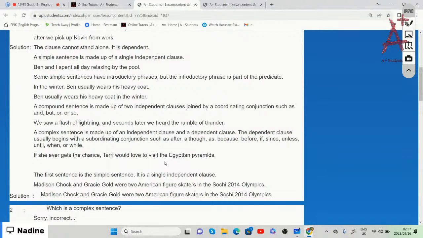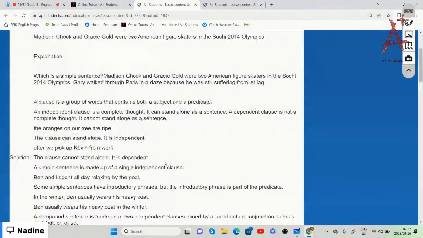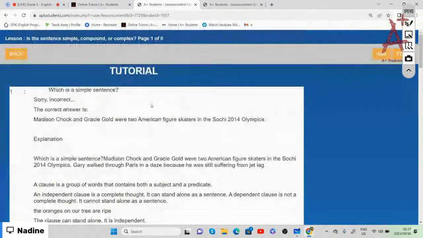All right. So now, which is a simple sentence?